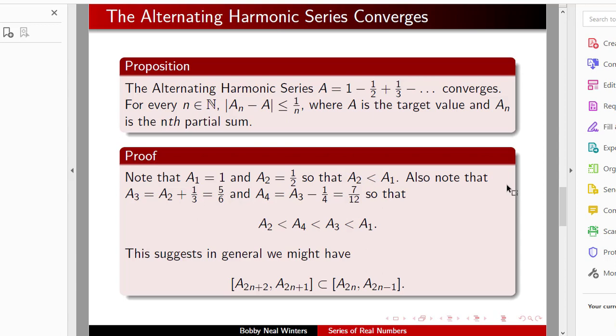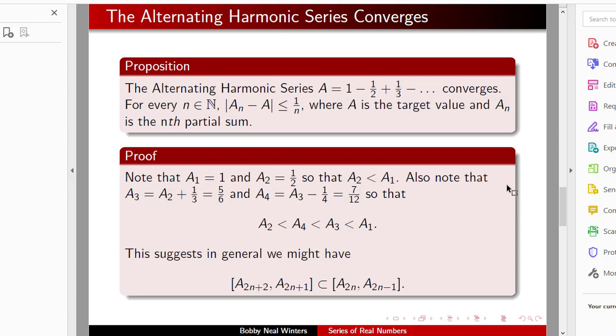Our second partial sum is 1/2, and so A_2 is less than A_1. Also note that A_3 is equal to A_2 plus 1/3, which is 5/6, and A_4 is equal to A_3 minus 1/4, which is 7/12. And so A_2 is less than A_4, which is less than A_3, which is less than A_1.